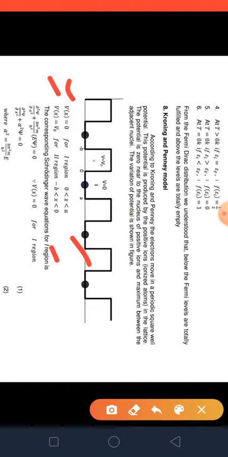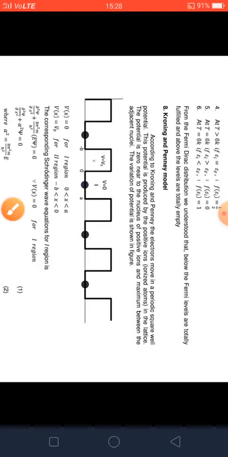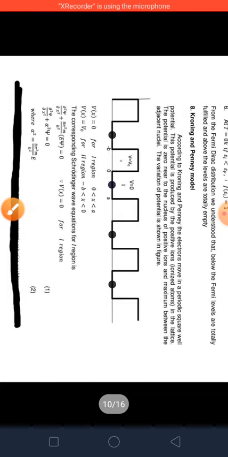As we discussed Schrodinger equations, the Schrodinger time dependent equation and the Schrodinger time independent equation.